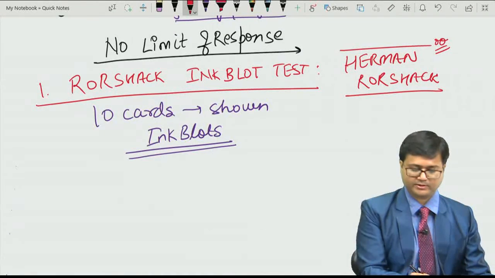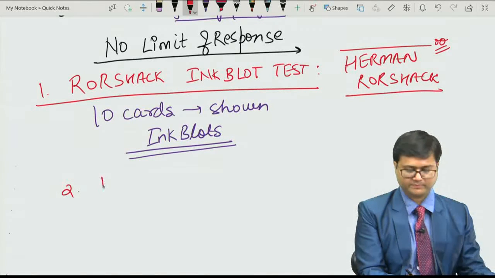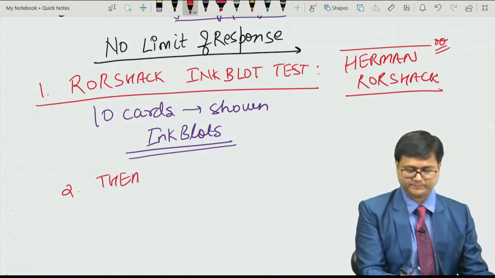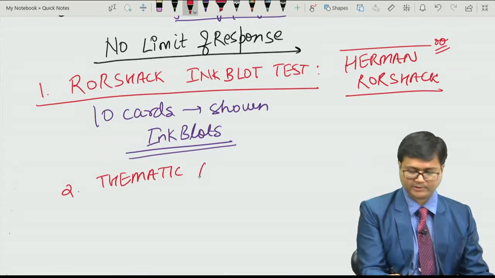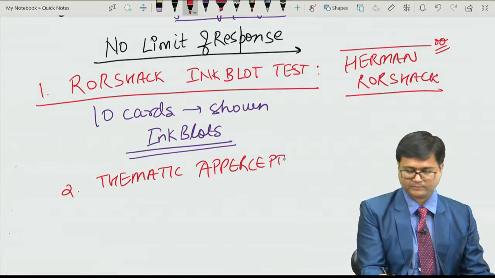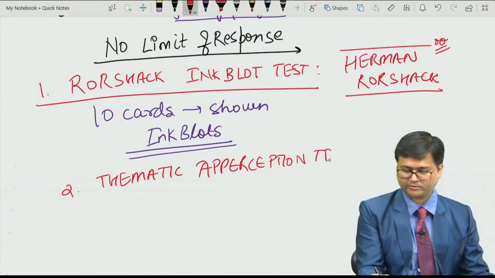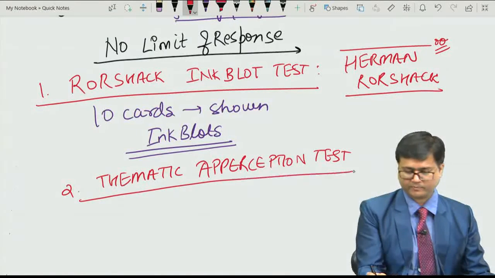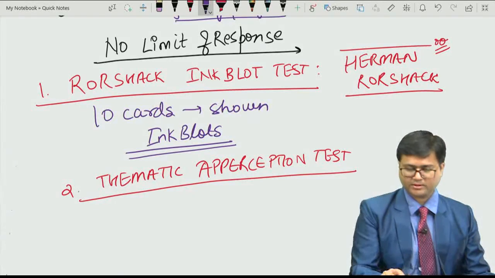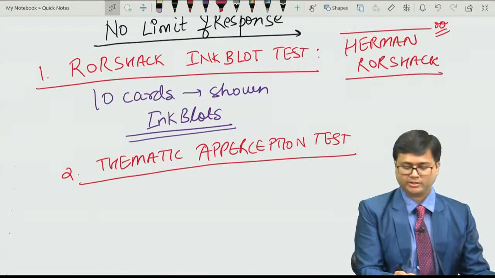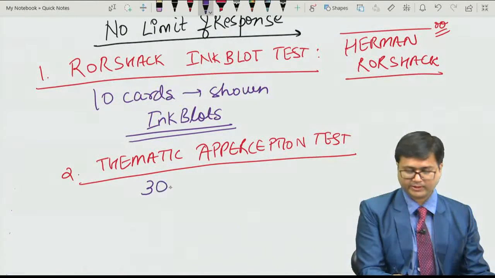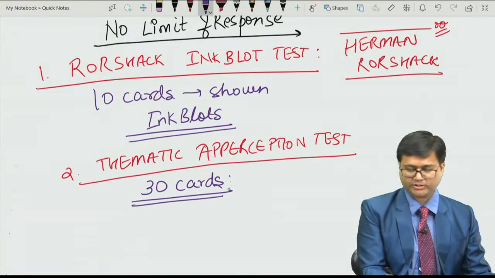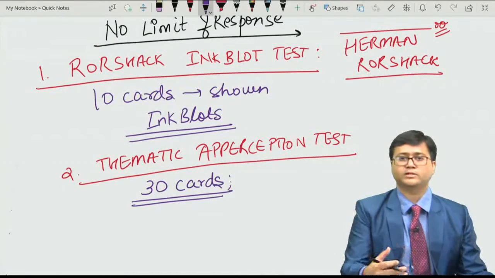Second important test is the Thematic Apperception Test. In this test, the person is shown 30 cards which have some event.